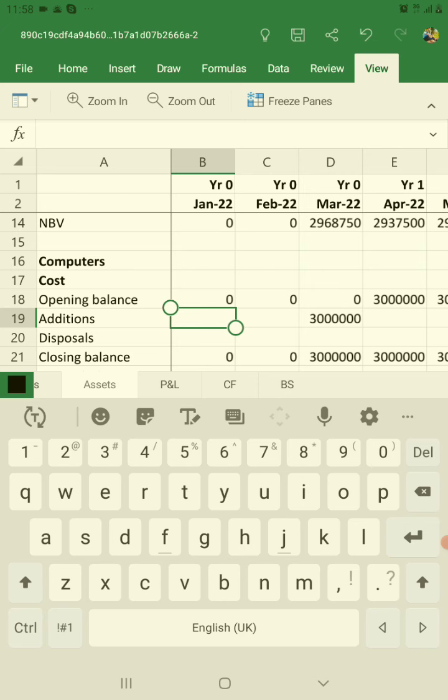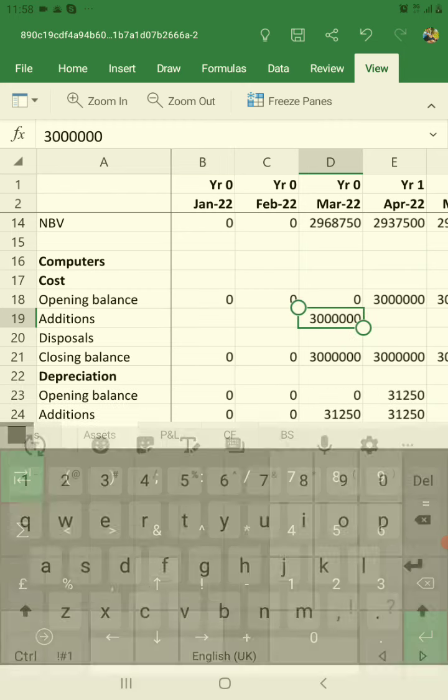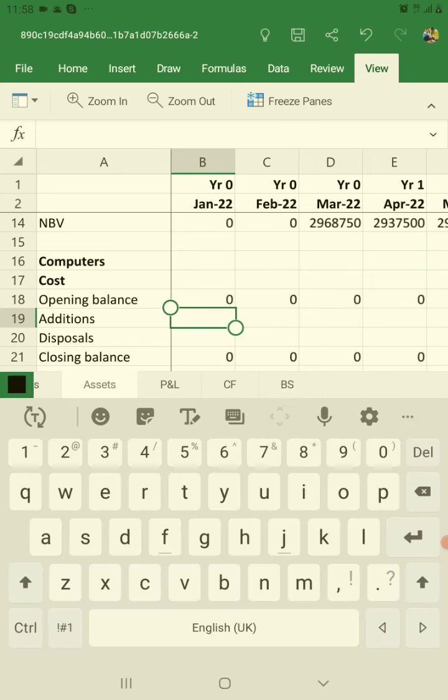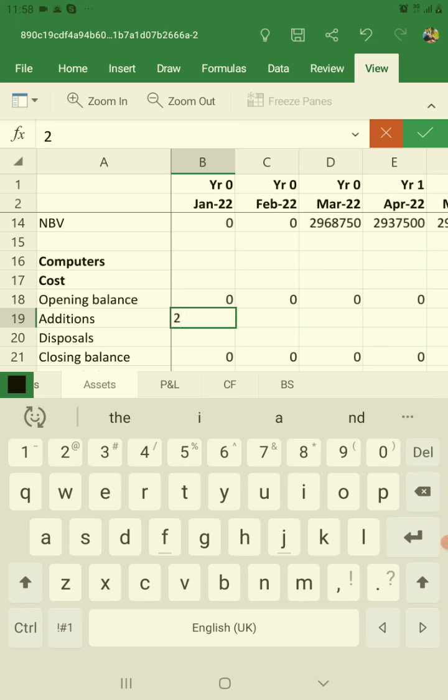So let us assume that we will buy the computer for the shop manager in January. So let me clear this figure, which was for furniture and equipment, and put additions at January. Say the laptop for the shop manager is 2 million Tanzanian shillings.